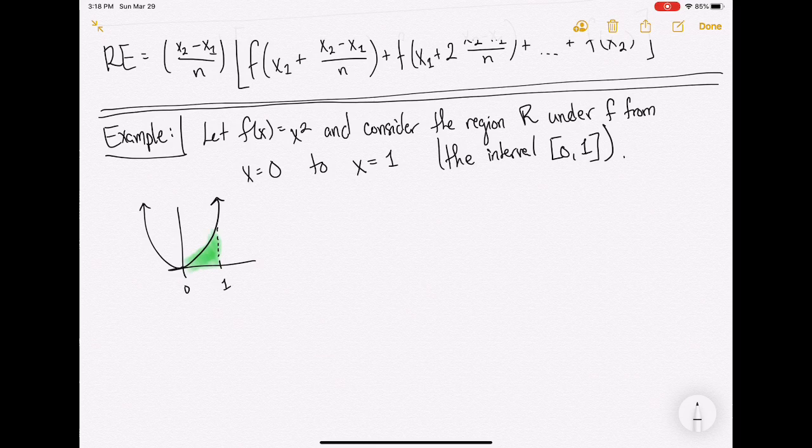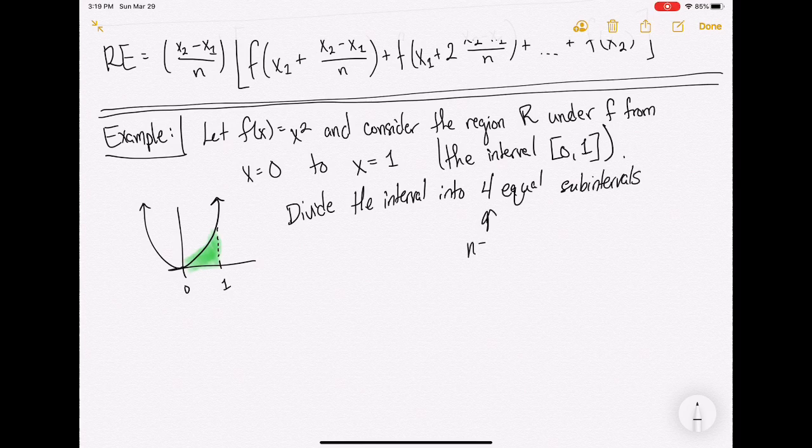So the problem then says divide the interval into 4 equal subintervals. This is where you should all be thinking about n equals 4.